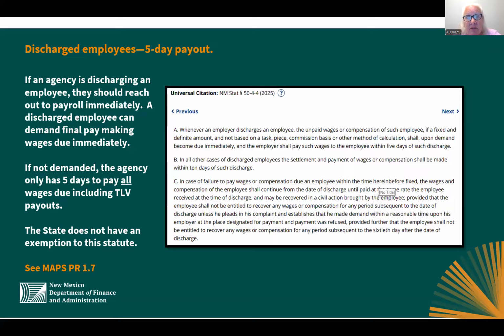And this was one of the stipulations that they agreed to in that litigation, was that they would start enforcing this particular rule across the state of New Mexico. And as part of that enforcement, as I stated, the state does not have an exception to it, so we are subject to that enforcement as well. Any other questions?